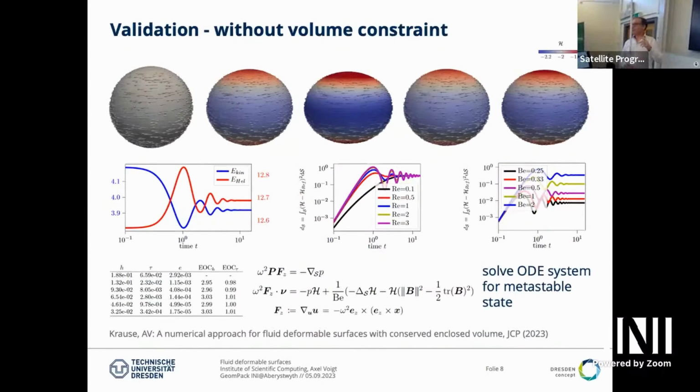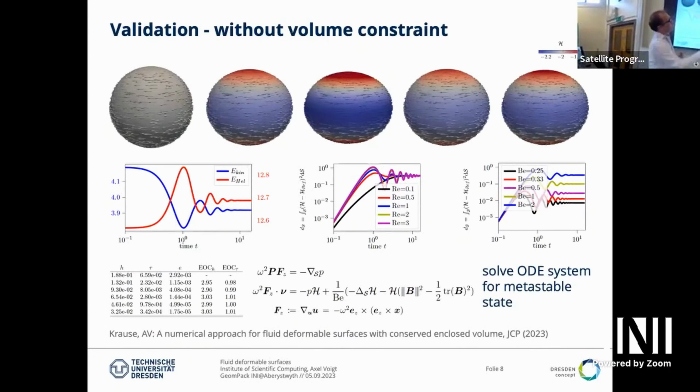So now, as I said, each tangential flow induces normal flow, so shape deformation. So what happens is that the surface deforms and energy dissipates by this, and it converges to some state where it's not a sphere anymore.